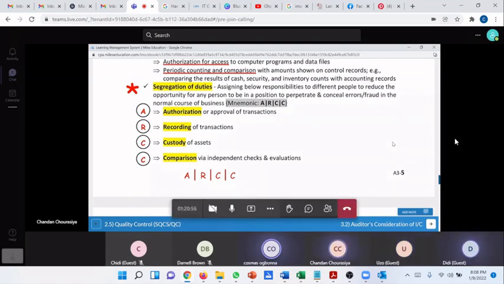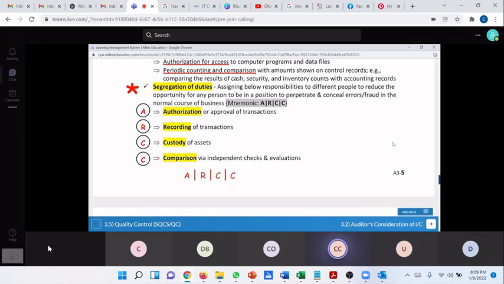Now this is a rule of thumb which is applicable to any given environment. The person who initiates the transaction should be different from the person who authorizes the transaction.